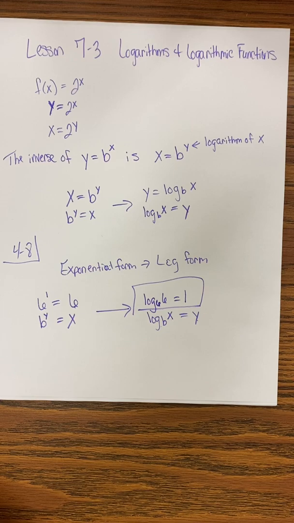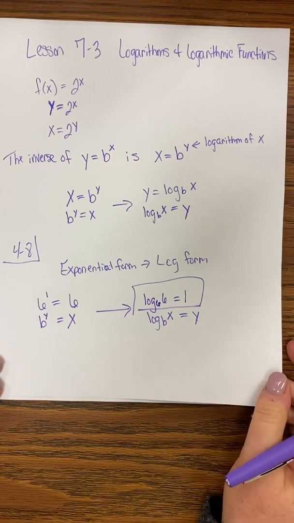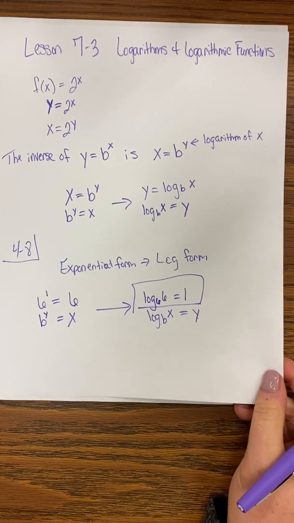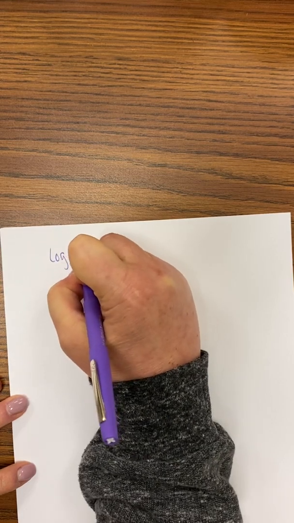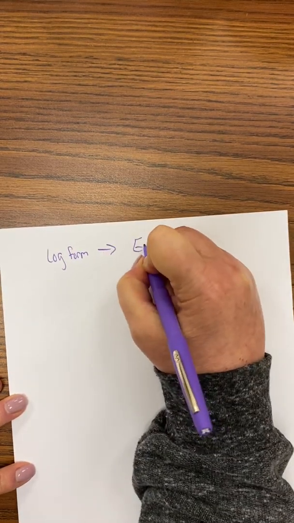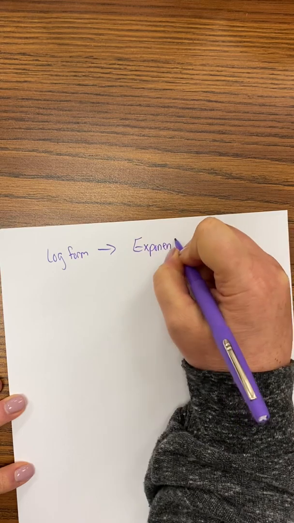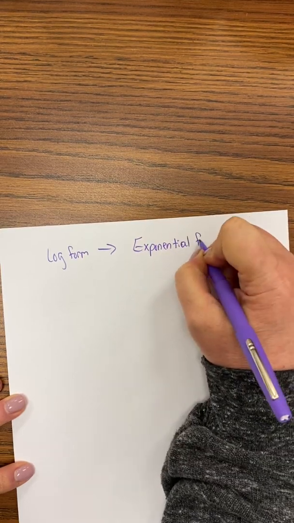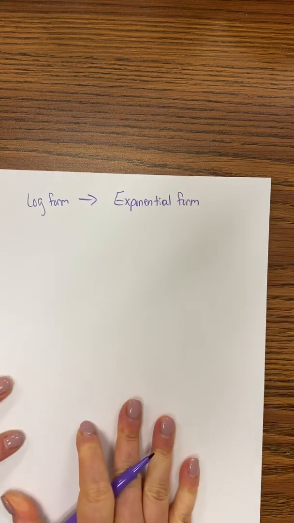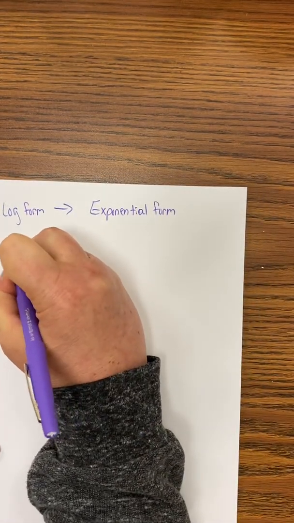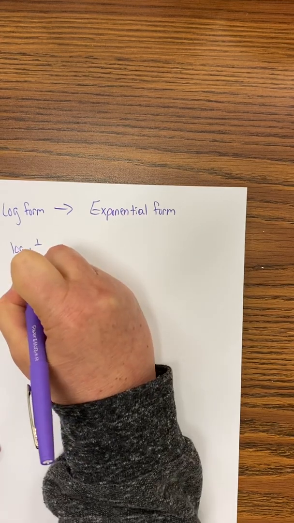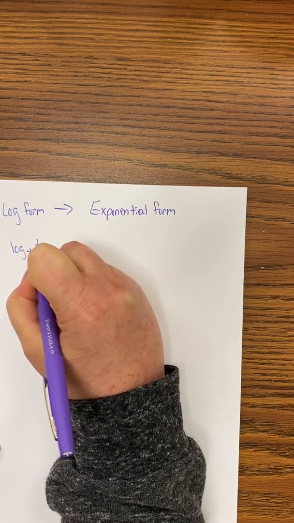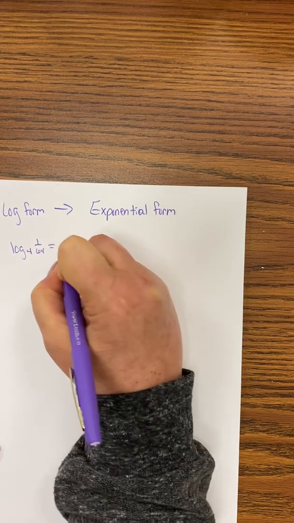Okay, so now we're going to do one that goes from log form to exponential form. It starts in log form: log with a base 4 of 1 over 64 equals -3.